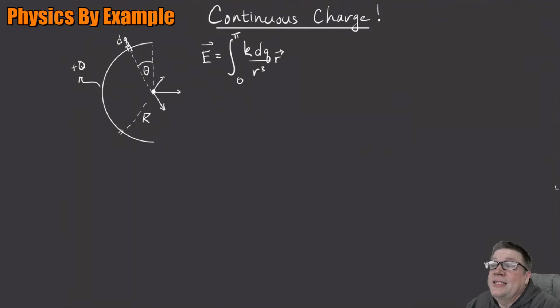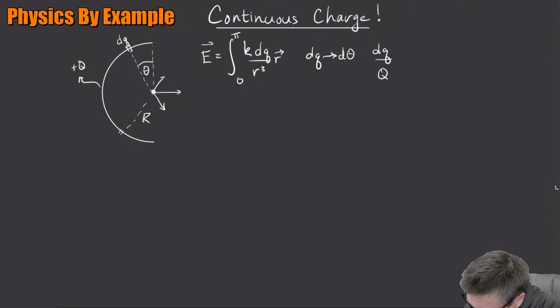But I've got dq and I want d theta, so I need to change variables from dq to d theta. Our standard trick is to say a little bit of charge compared to the whole charge is like a little bit of angle compared to the whole angle. The whole angle I'm interested in is pi.